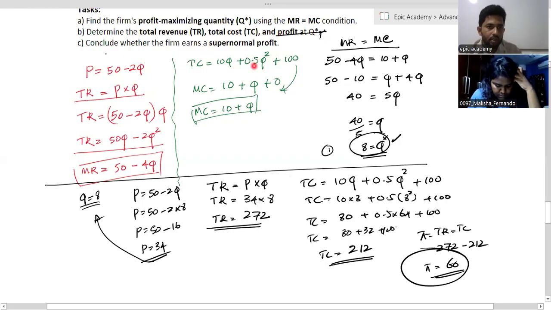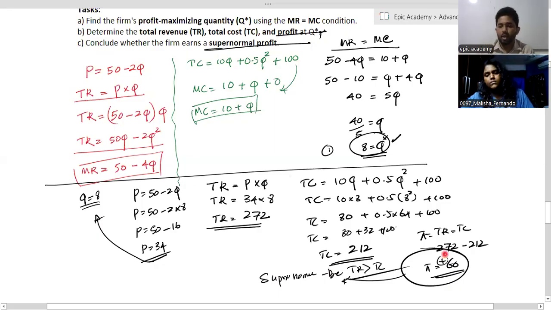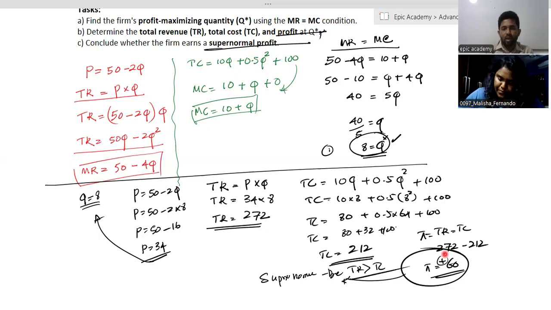Conclude whether the firm earns supernormal profit. Yes, this is a positive value, so you can conclude that the firm earned supernormal profit because the TR value is greater than TC. Then it is okay. So now you may feel that it is very easy, more than the first day, isn't it?